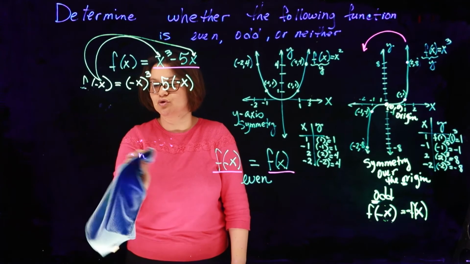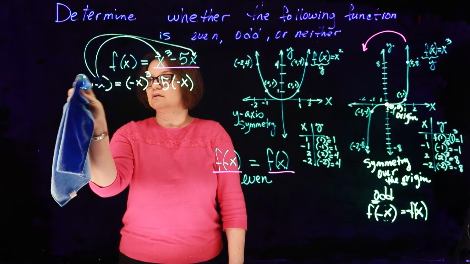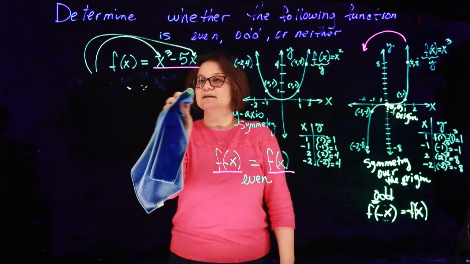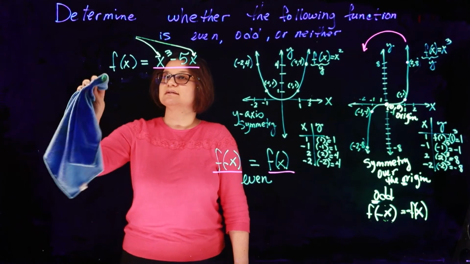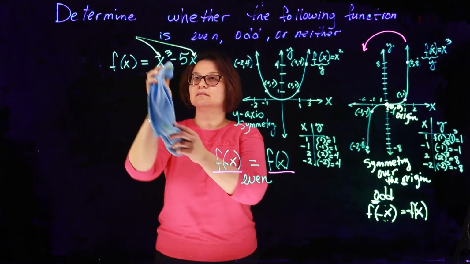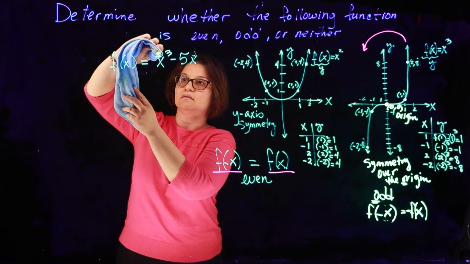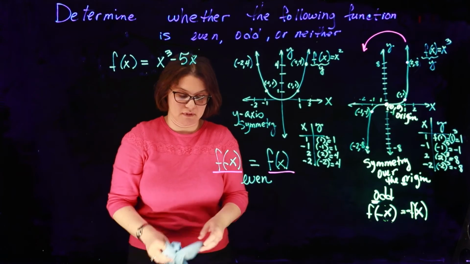Need a little bit more room, so let me erase and start again, looking at f of x, f of negative x, and then negative f of x. So we can now see if this function could be odd. Okay.